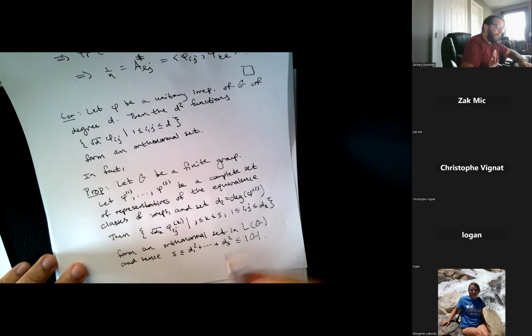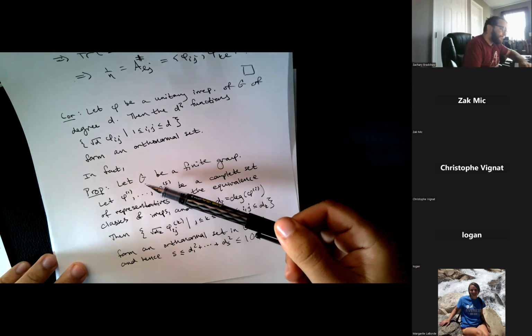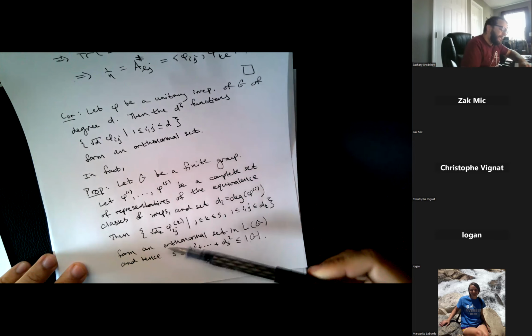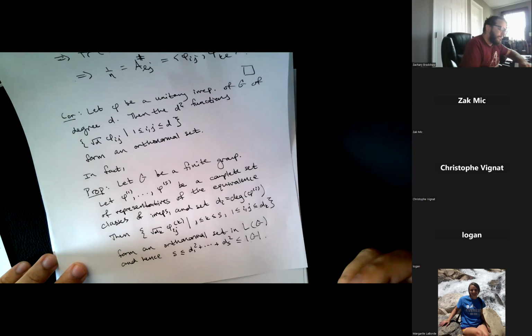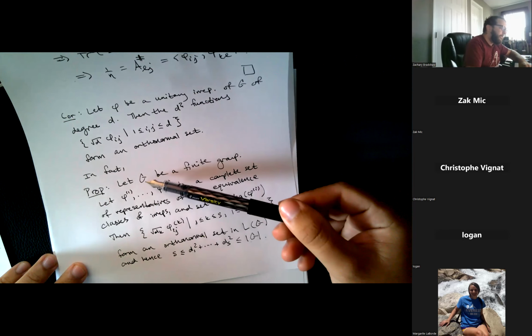First let me see how we get this inequality. As I was saying before, orthogonality gives us linear independence. And so this thing is going to end up being a basis for the group algebra. But the dimension of the group algebra, the vector space, is equal to the order of the group.